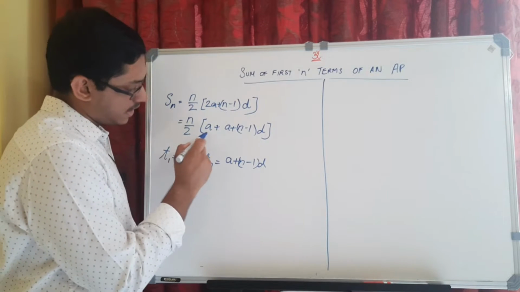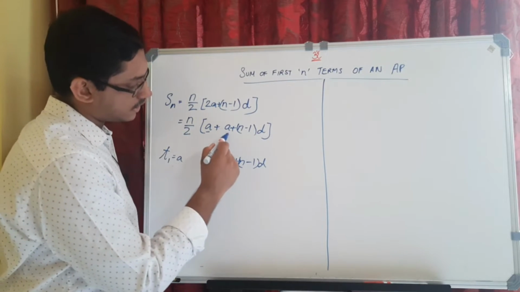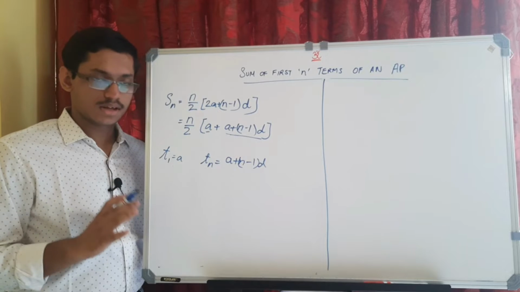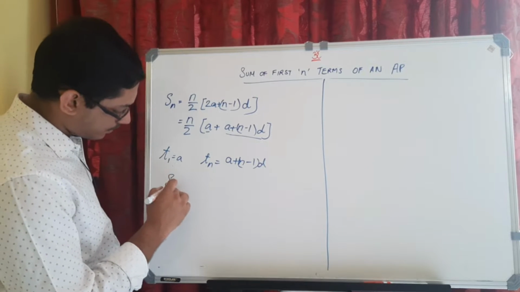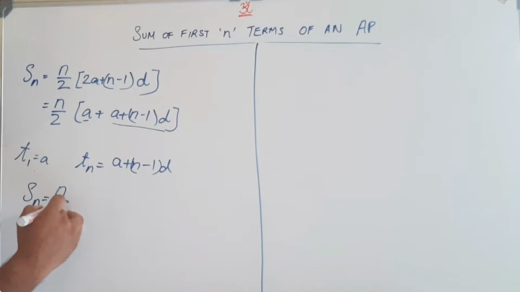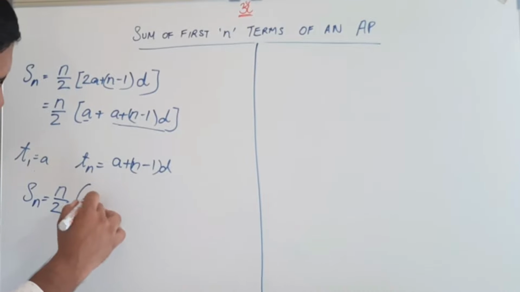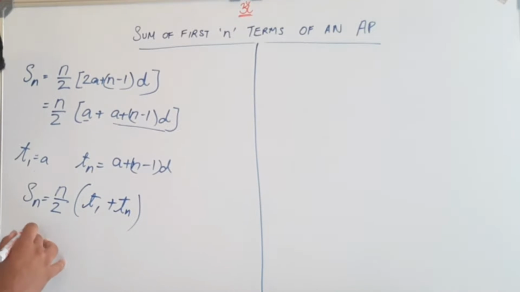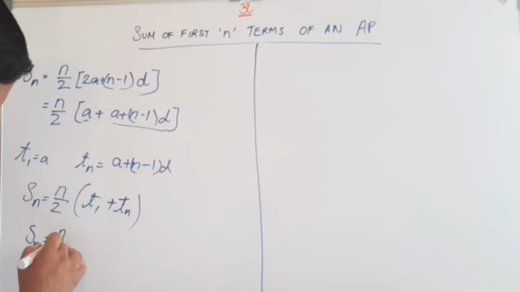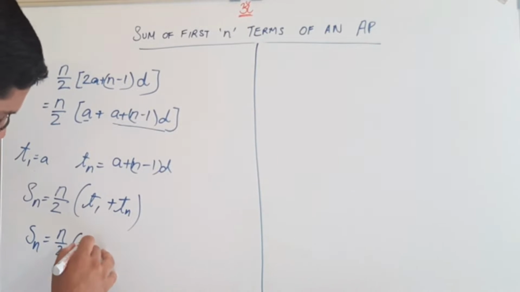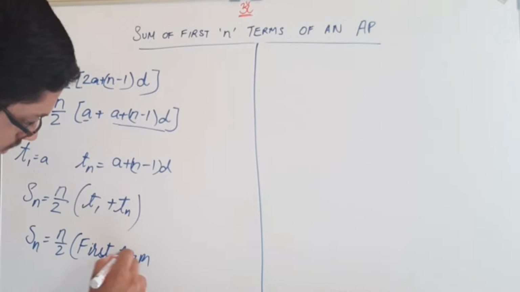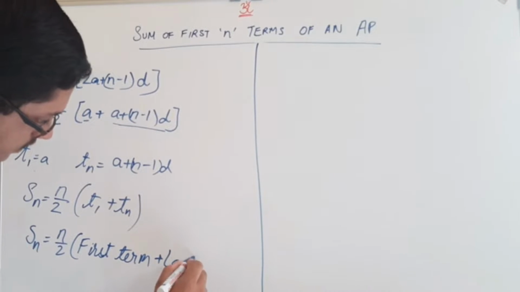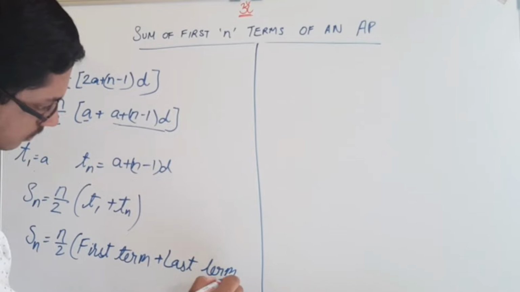So we can see a here, we can see Tn here, correct? So what can we do then? Sn is equal to n by 2 times (T1 plus Tn), or in other words, n by 2 times (first term plus last term).